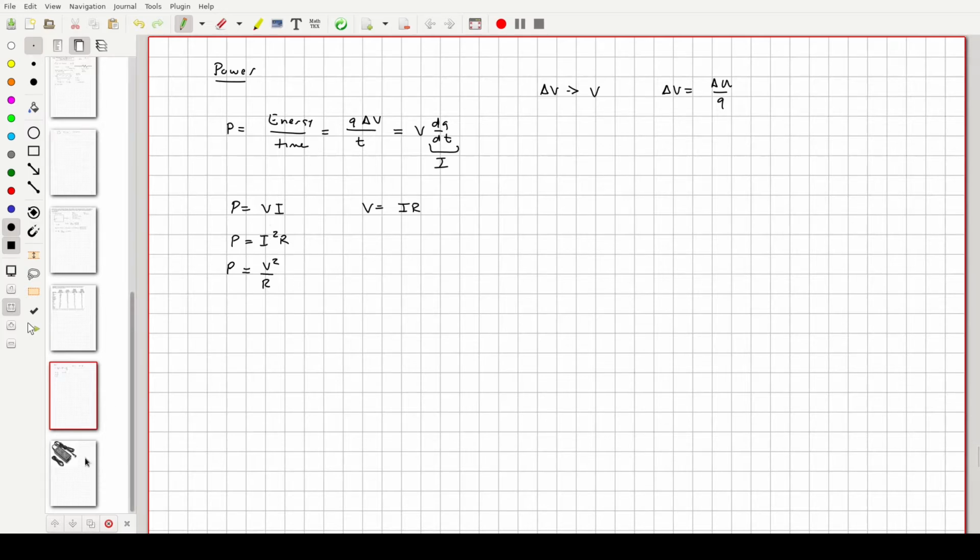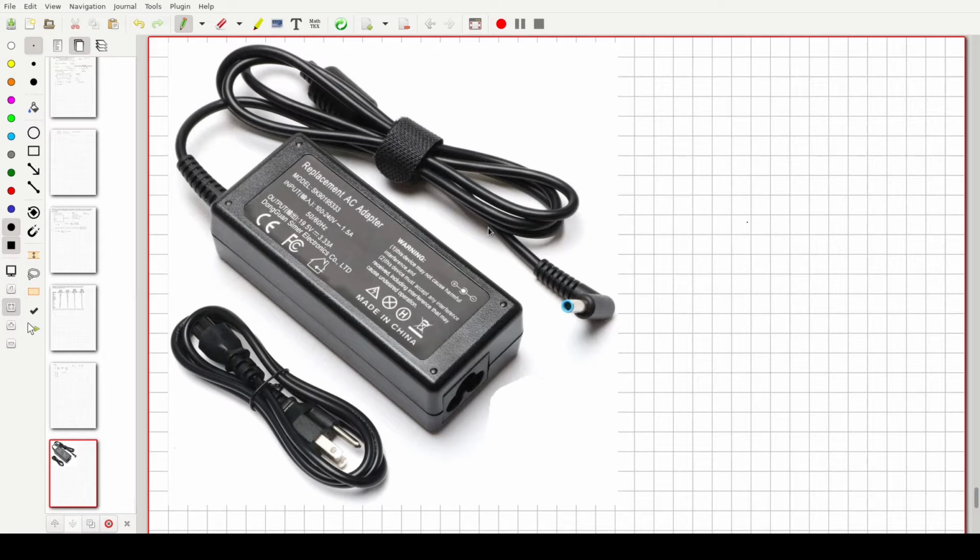Now, just as an example, to show you how this works, what I'd like to do is take a look at this AC adapter for a laptop. If you look very closely here, I'm going to see if I can cut part of this.